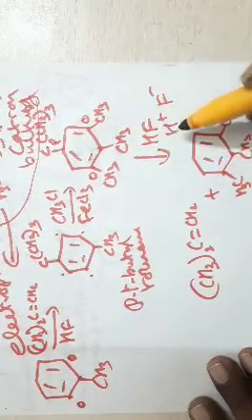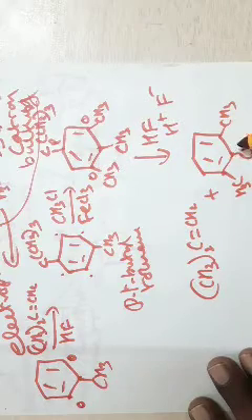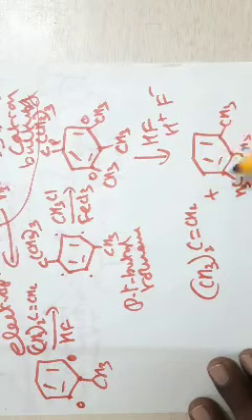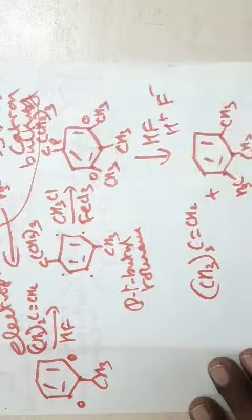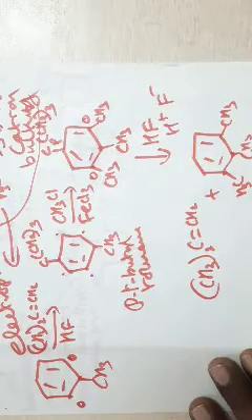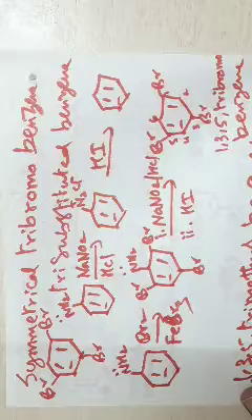If the mixture is treated with hydrofluoric acid, you will get the trimethylbenzene without the tertiary butyl group in the para position. That group is thrown away by hydrofluoric acid. So it is the best method for the synthesis of 1,2,3-trimethylbenzene.